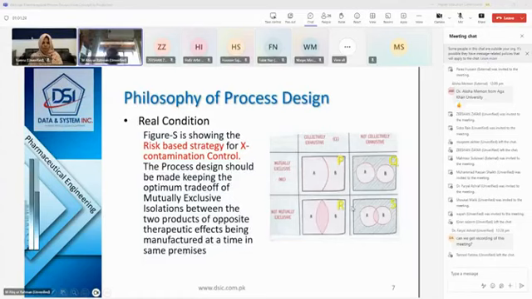For example, you have the same premises and you want to manufacture tablets. One is for blood pressure, meaning something like a blood thinner, and another one is a blood coagulator.